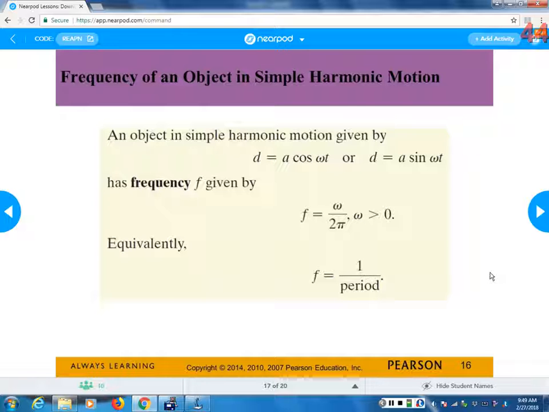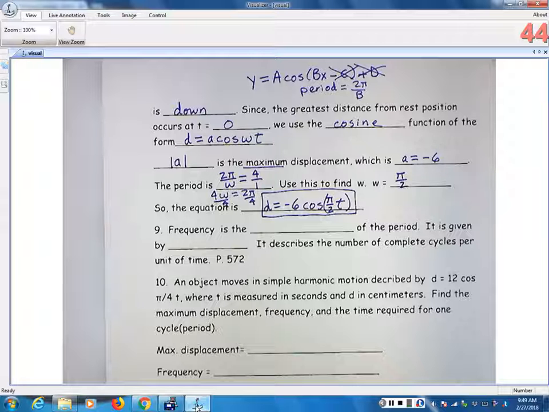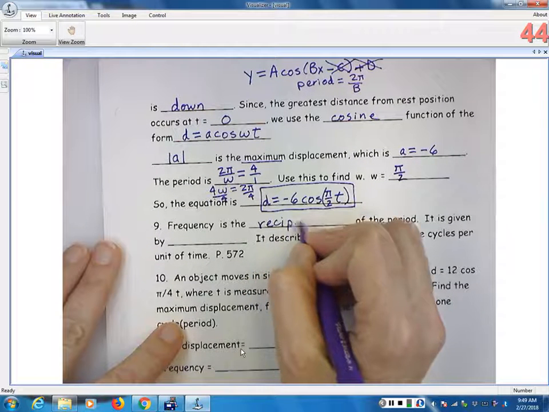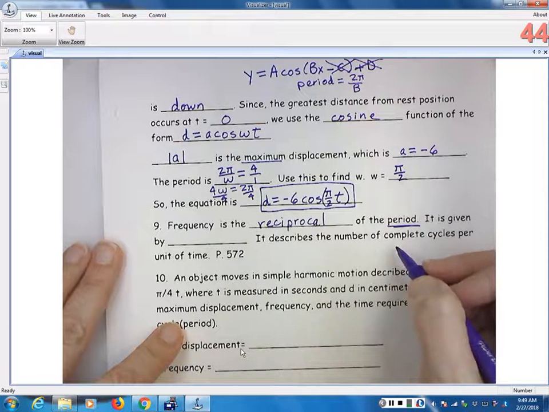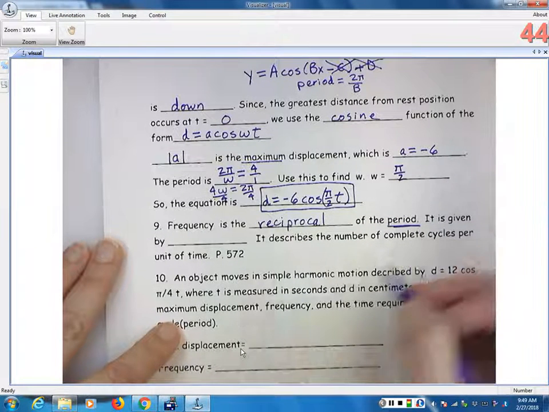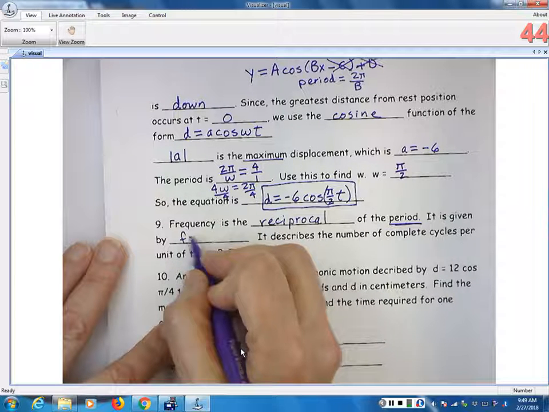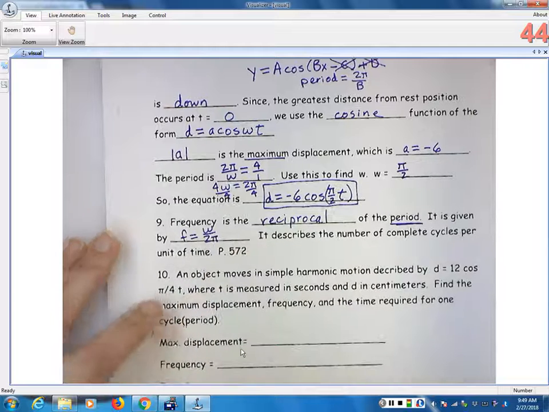All right, and the frequency of an object in simple harmonic motion. The frequency is the reciprocal of the period. So since period is 2 pi over omega, frequency is omega over 2 pi. Just flip it.